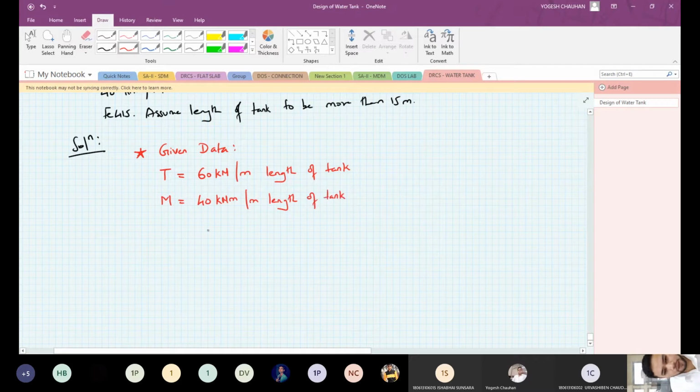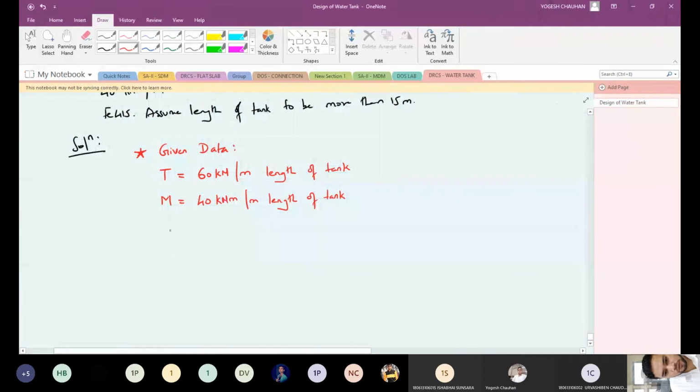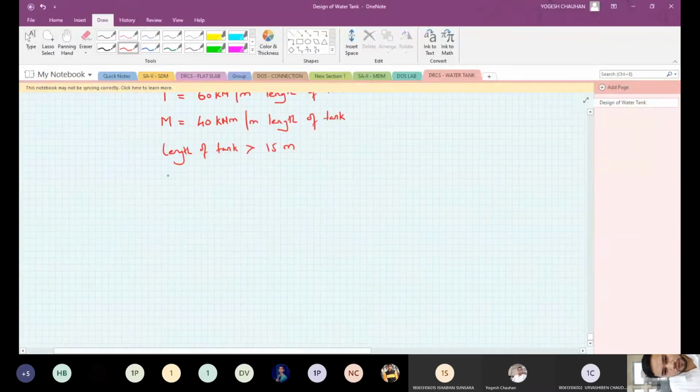The length of tank is greater than or equal to 15 meter, and you have been given the grade of concrete as M30 and grade of steel as HYSD Fe 415.